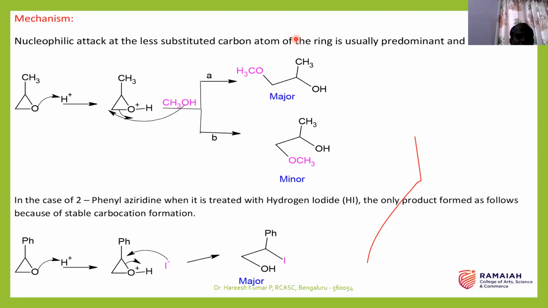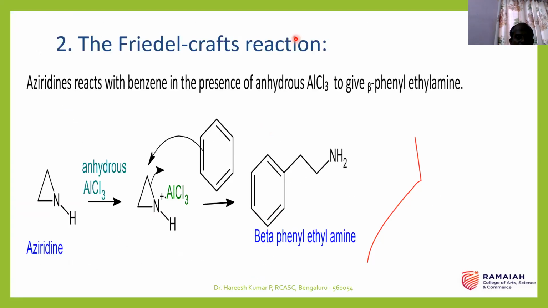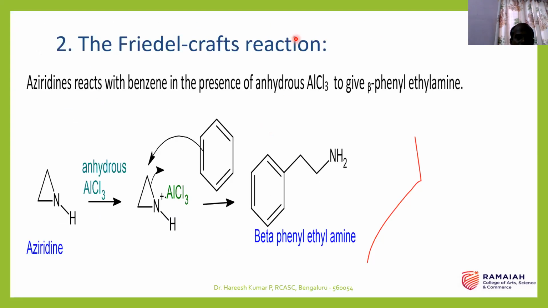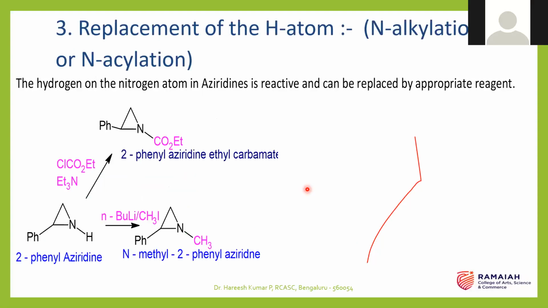I am talking about this Friedel-Crafts reaction. A nucleophile can attack this carbon, forming a substituted product. Also, the NH proton can be replaced with a suitable reagent. The reagent may be an alkylating reagent or an acylating reagent.